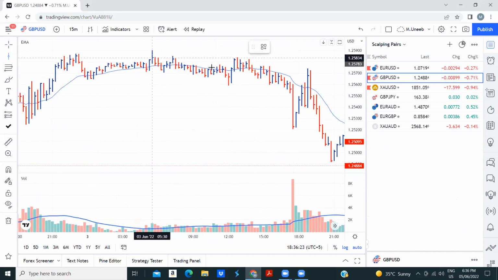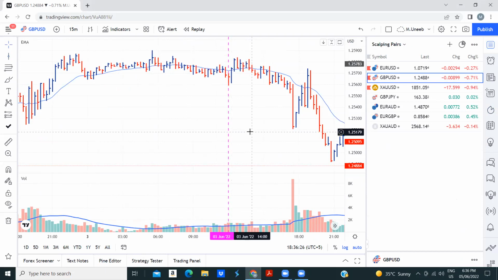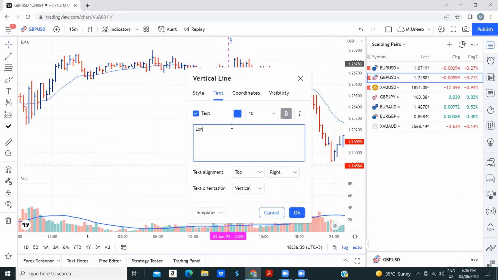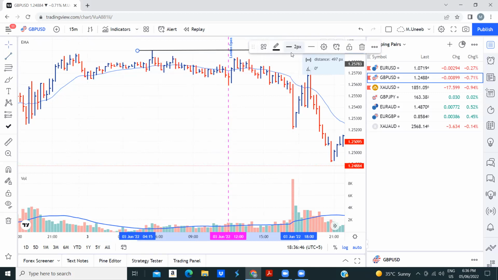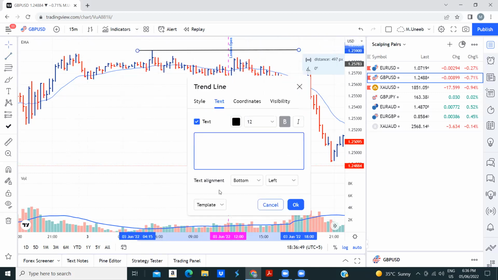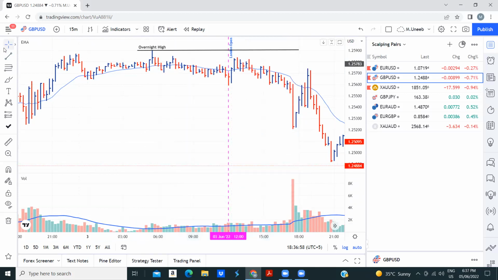And how about the Asian high, the overnight high? The overnight high was this one. And how about the overnight low, the lowest point? I think the lowest point was this one here before London Open.